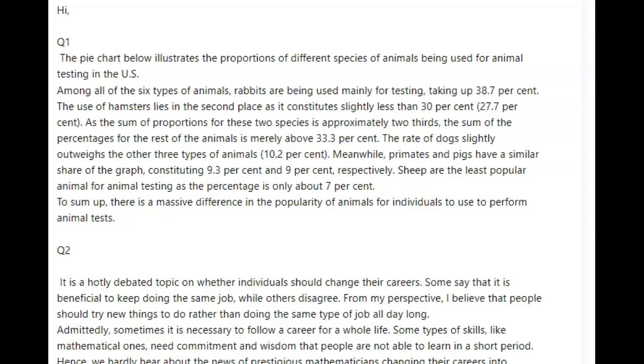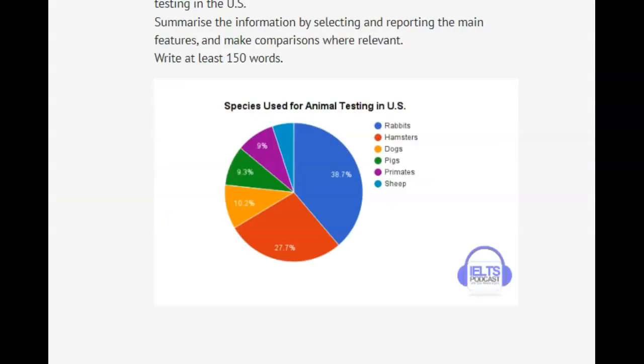Now, one of the difficulties with this particular pie chart is that there's not really a lot of information. And so it's very easy to write a very mechanical kind of report. And by mechanical, I mean like something a machine would write. So 38.7%.